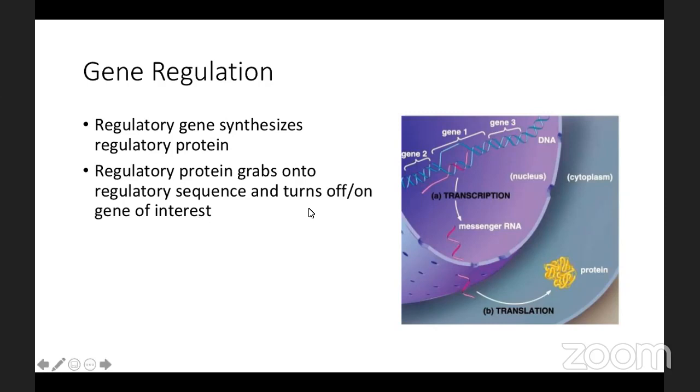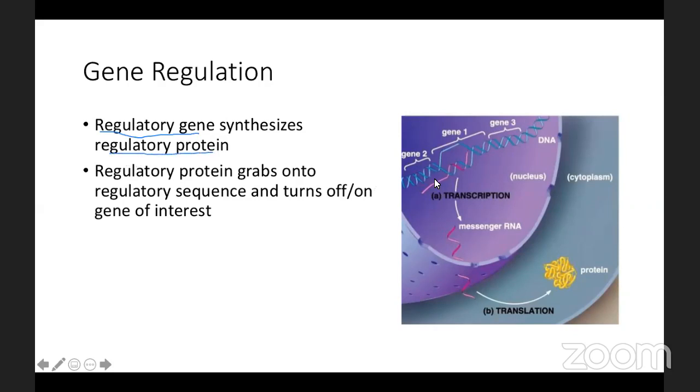So there's going to be some terminology that I'm going to use that I want to make sure we're familiar with. So a regulatory gene is an important concept to understand. So I'm going to underline it here. A regulatory gene is a gene that synthesizes something called a regulatory protein.